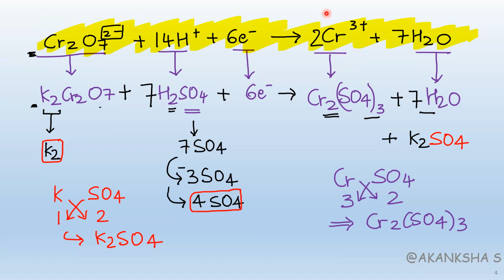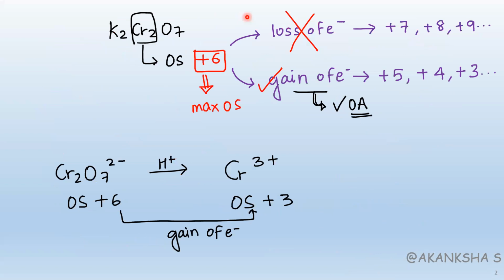This is gain of electron, and we know only oxidizing agents gain electrons. So while constructing the equation, knowingly or unknowingly, we got that gain of electron on the dichromate side, indicating fully that potassium dichromate is an oxidizing agent.